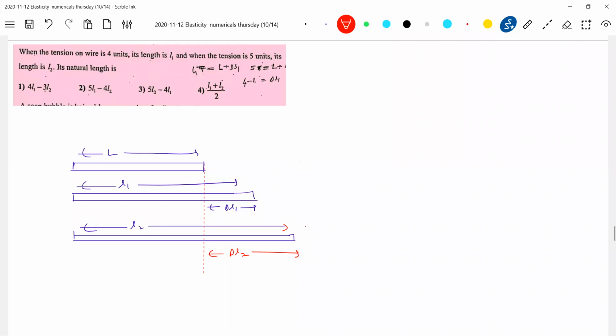The tension here will be T1. Show it like this, T1. This is T2. There's a meaning. I want students to think like this.